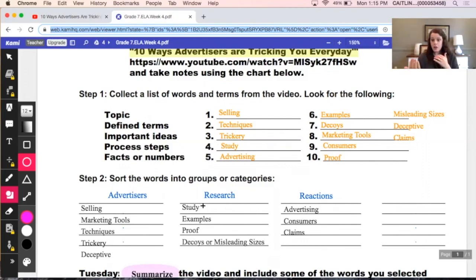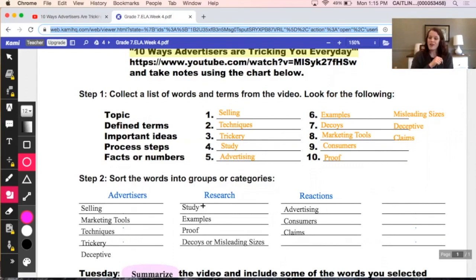My second category was research. And research is a really big piece of this video and the article. That is how we know what the information that they're presenting in the article and the video is, through research and scientific studies.